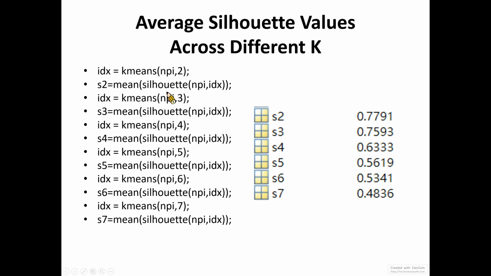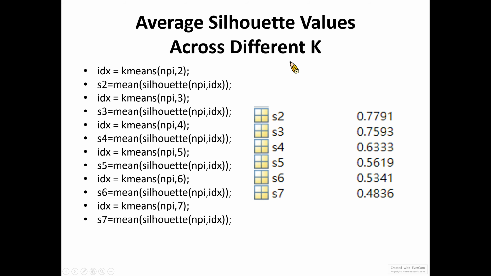The first two lines calculate the average silhouette value for the case of two clusters, and lines 3 and 4 are the calculation for three clusters, etc. I do this from 2 clusters to 7 clusters, and you can see that the average silhouette value goes down from 0.78 to 0.48.